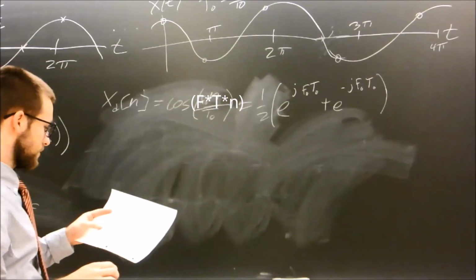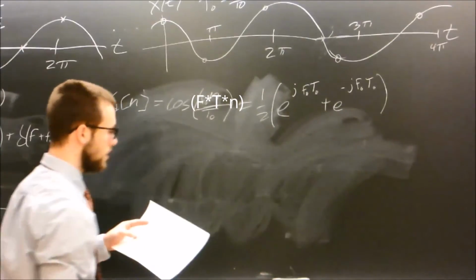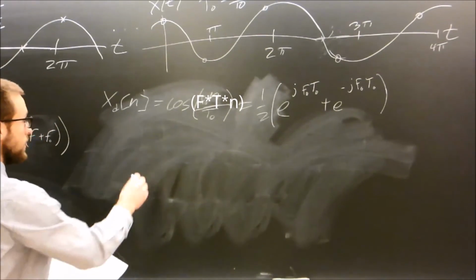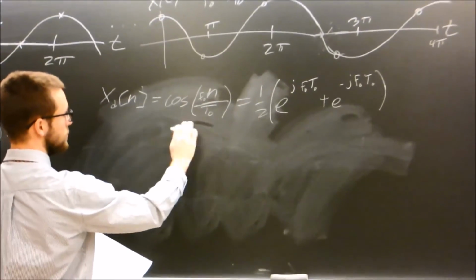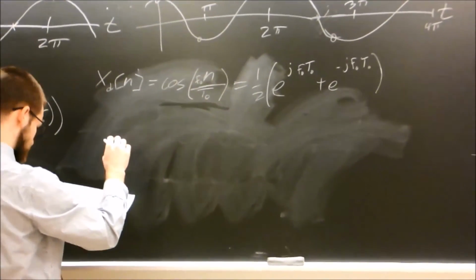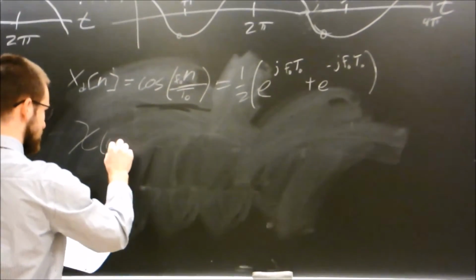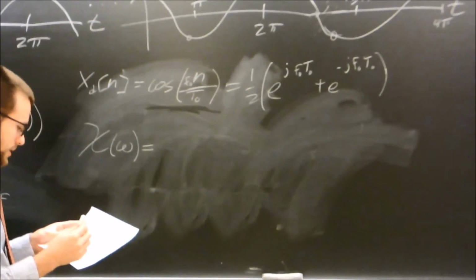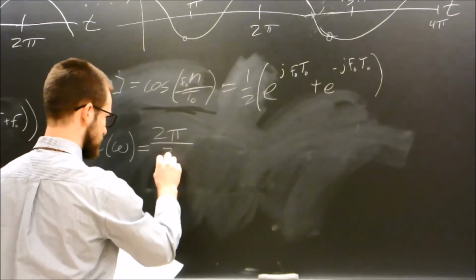And the Fourier transform of a complex exponential is a delta. And so when we have this in discrete time, though, we've got a repetition. I'm glossing over a little bit the details here, assuming you've already seen the discrete time Fourier transform of a sinusoid.